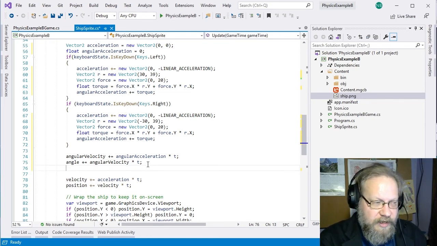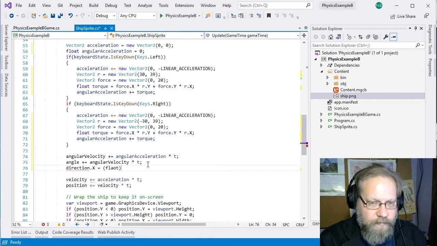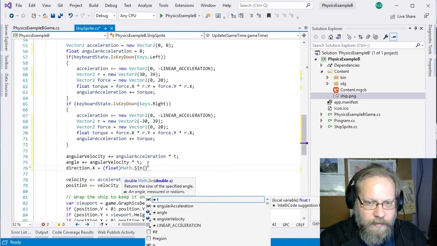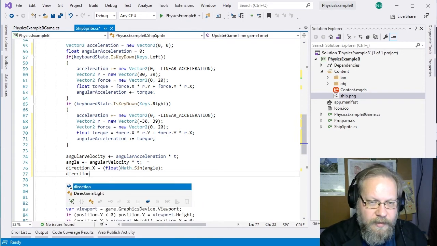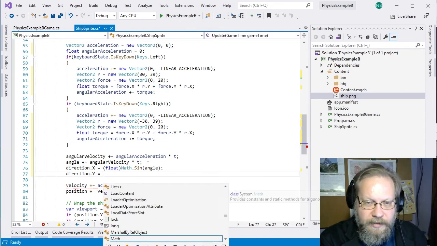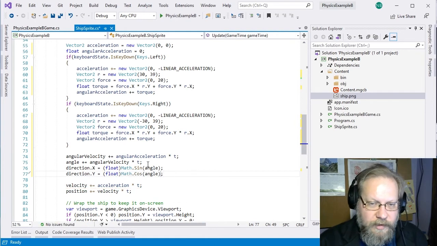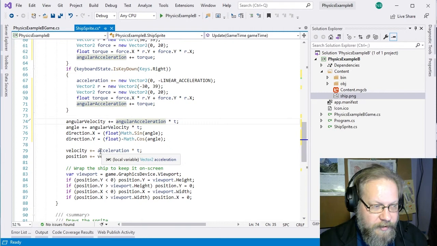And along with that, we need to calculate our direction. Which is going to be the sine of this angle is going to be our x component, and the cosine is going to be the y component, and I believe we need to also invert this because our coordinate system is inverted.